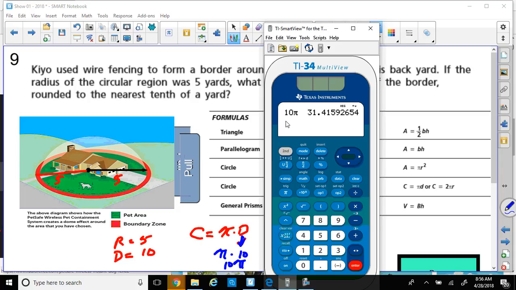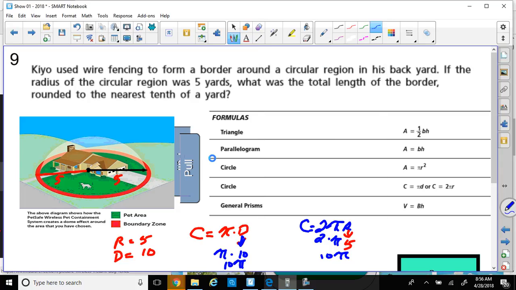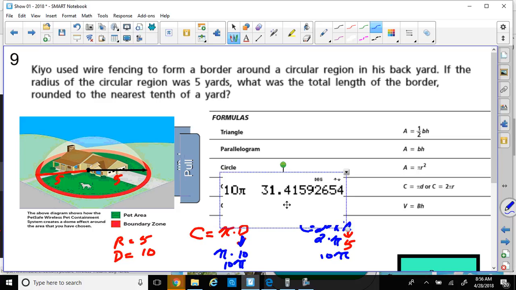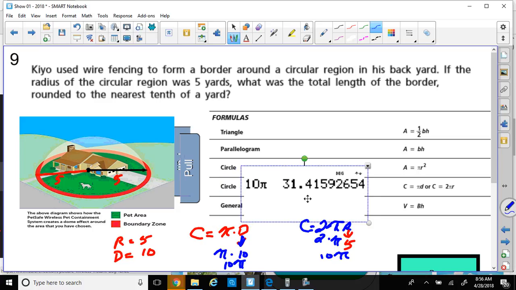10 pi is good, but they don't want that. They want it rounded off to the nearest tenth. So one number past the decimal point is the 10th place. We look one past that, which would be the 1, which is the 100th place, to see if that's 5 or more.